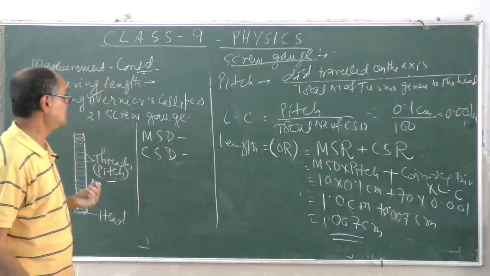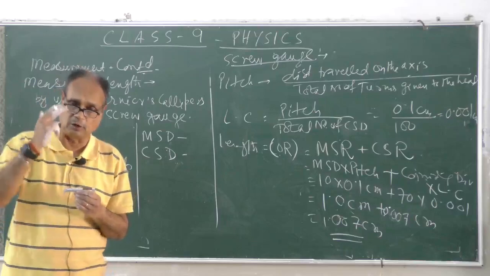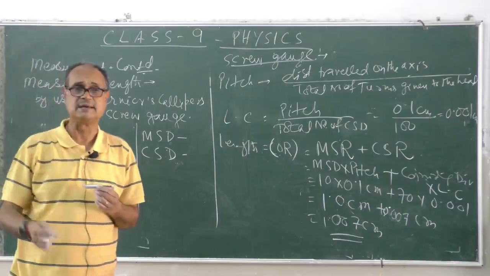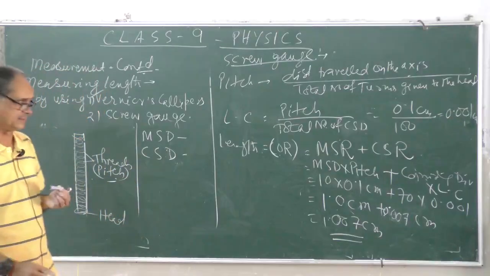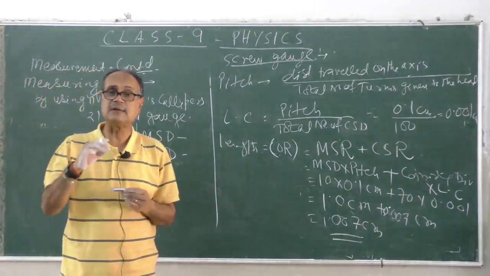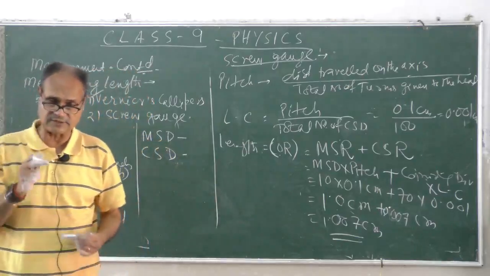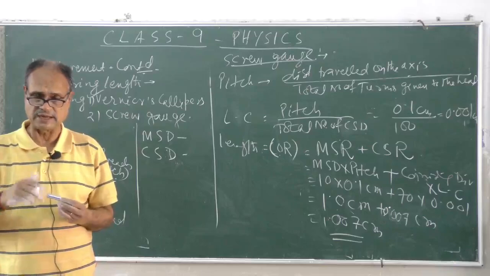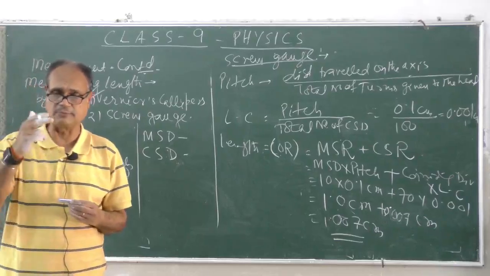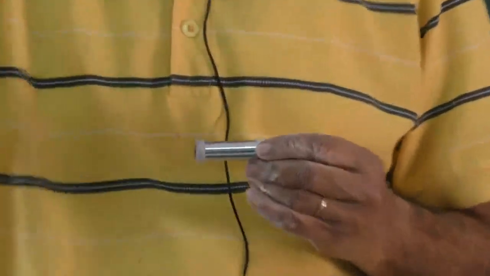That's why the zero may fall either below the baseline or above the baseline. If it is below the baseline, it is a positive one. So see which division is now in contact. It will be a very close number, because after zero there are some divisions, maybe 1, 2, 3, 4, 5, 6, like that. A smaller value will be there.